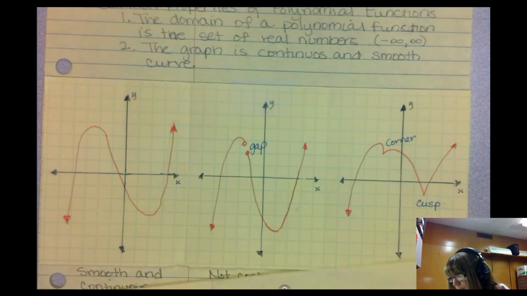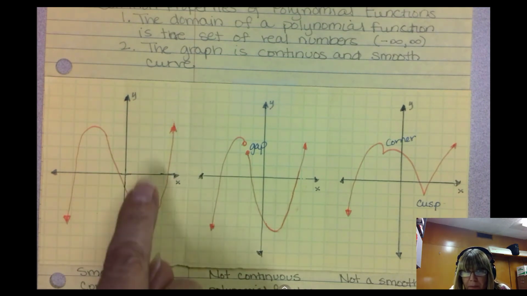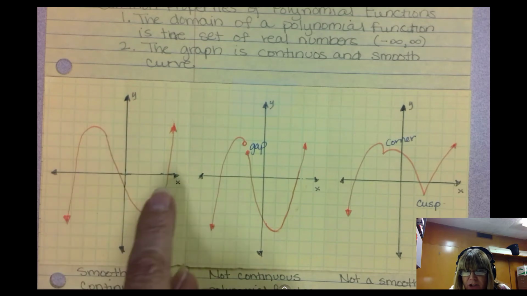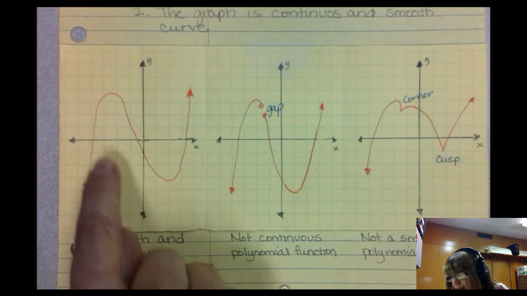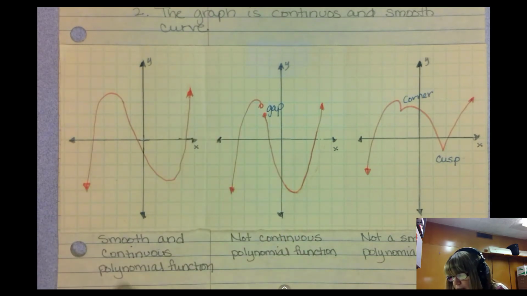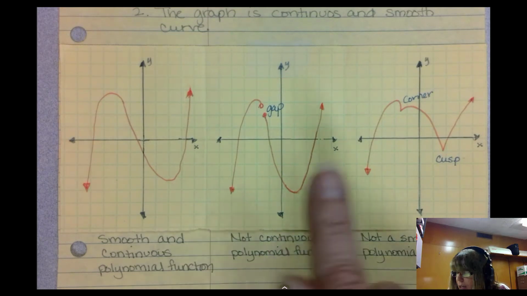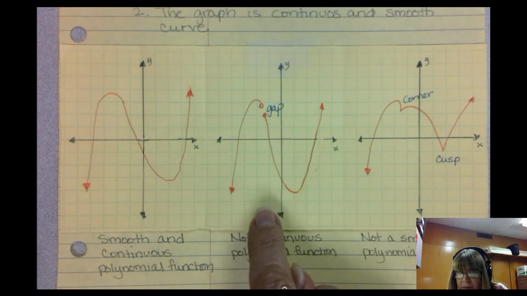The first one is indeed smooth. There are no sharp points, and it's continuous. There are no breaks, and therefore, this is a polynomial function. And in fact, it goes off to infinity in both directions. The second one is not continuous, and therefore, it's not a polynomial function.